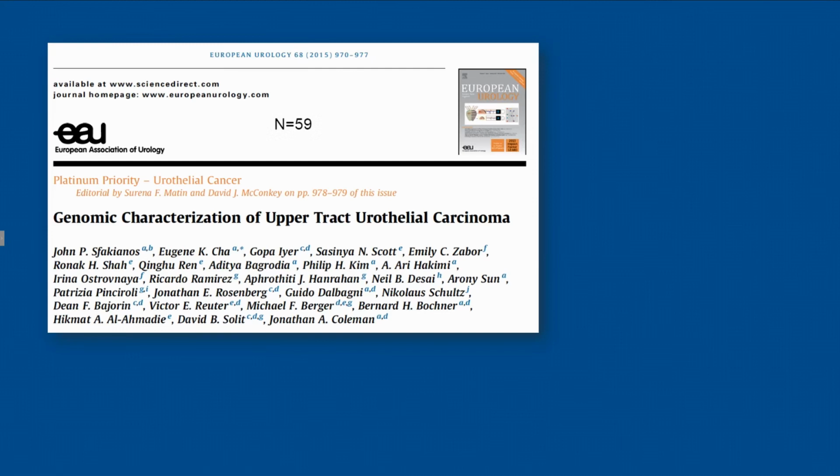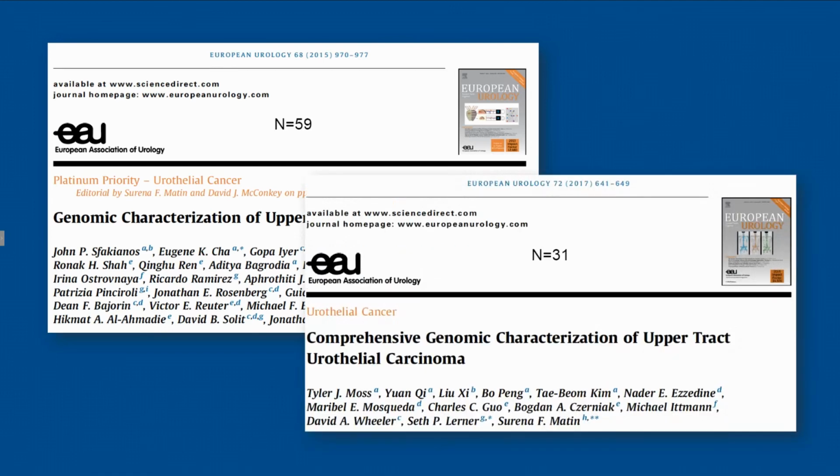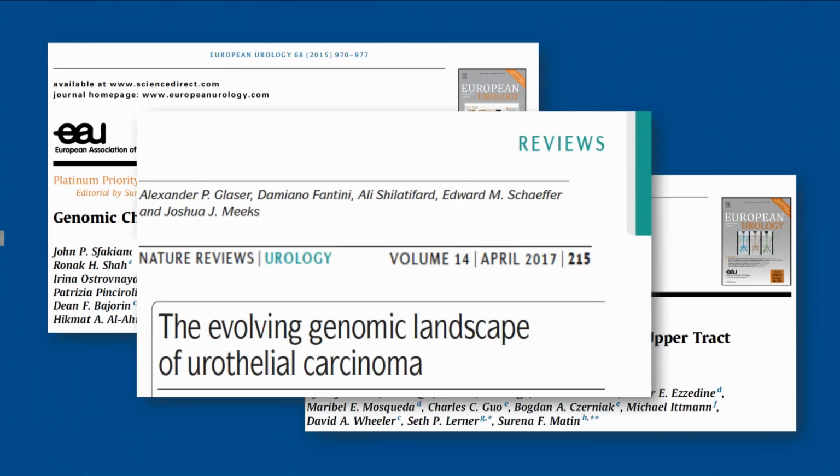So we've seen more and more papers come along over the last few years on similar molecular classification of upper tract disease, although nothing as comprehensive as the TCGA. This is one series from Memorial Sloan Kettering of 59 patients, a series from MD Anderson on 31 patients, and a review from the group in Chicago.